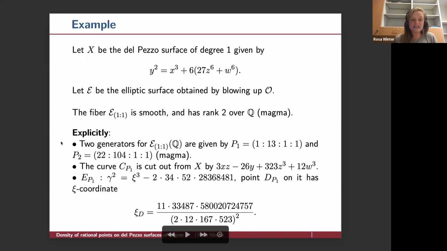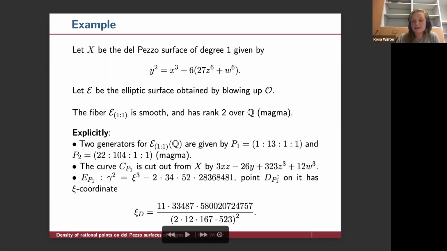We can also compute this explicitly. So we have 2 generators for this fiber, these 2 points, P1 and P2, and this we also found with Magma. And we can create these 3 sections of the elliptic surface for each of these points. So for example, the curve, the 3 section related to P1 is cut out from the surface by this equation. And we can create this elliptic curve, which has this Weierstrass equation.